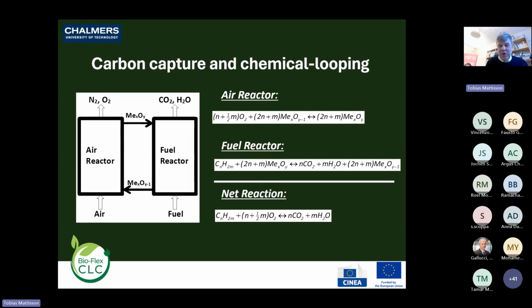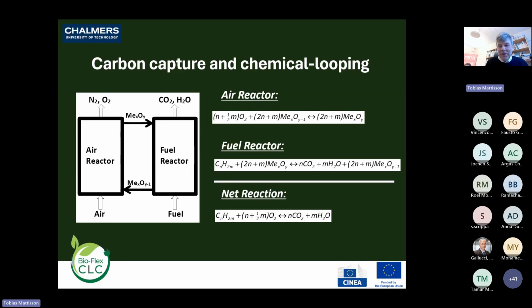But in chemical looping, we have a way to avoid gas separation. The way it works is that you have two reactors. You have a fuel reactor where the fuel is introduced and it reacts with a metal oxide oxygen carrier, which could be iron oxide, copper oxide, ilmenite, things like this. The fuel grabs the oxygen and produces CO2 and water in the fuel reactor.